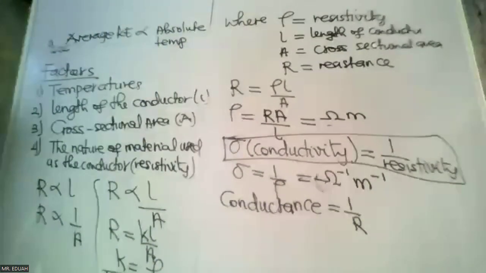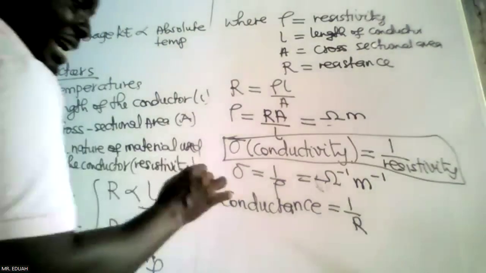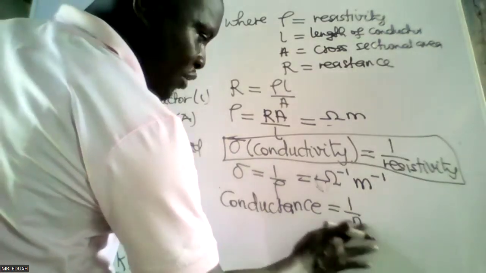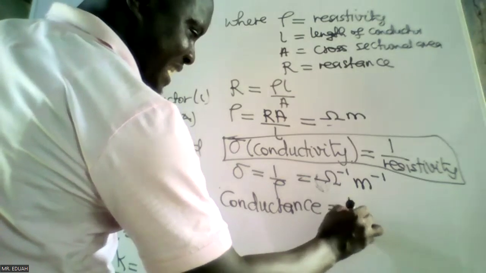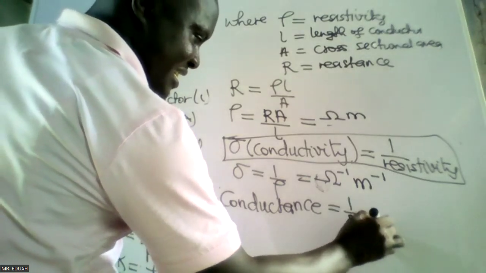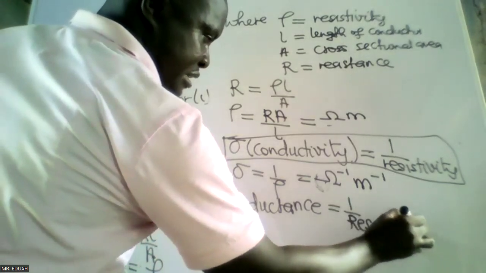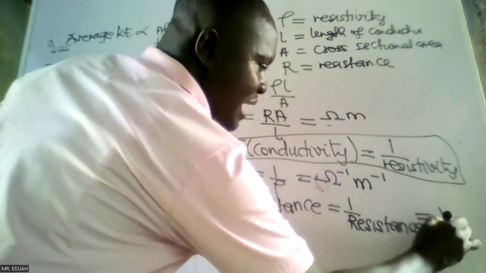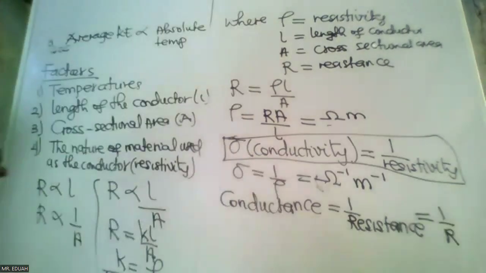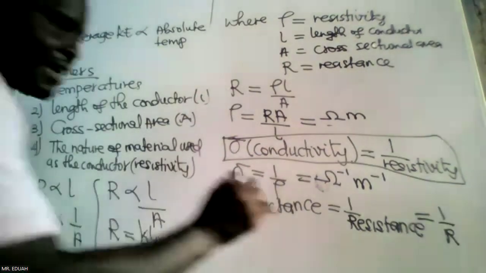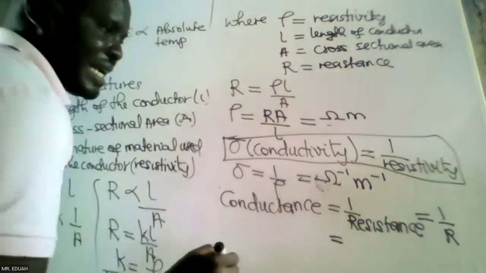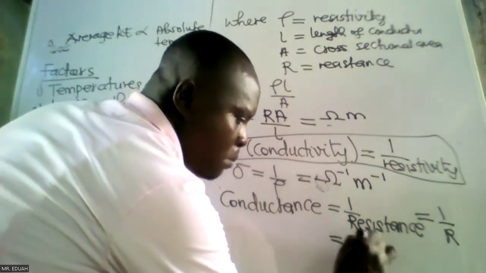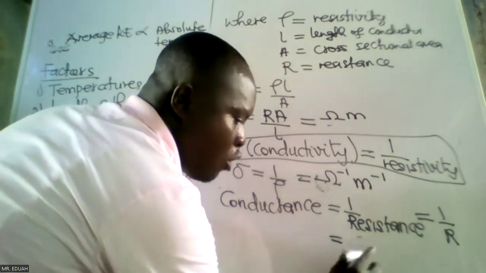Then we have conductance, which is the inverse of resistance, so 1 over resistance. And so conductance is equal to 1 over R. Therefore, the SI unit of conductance is per ohm.